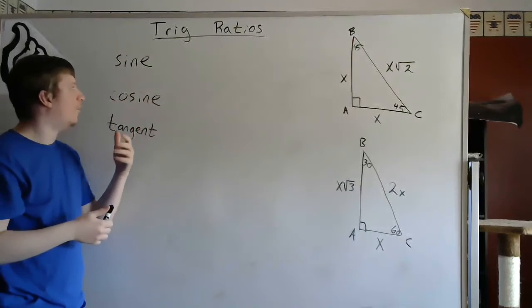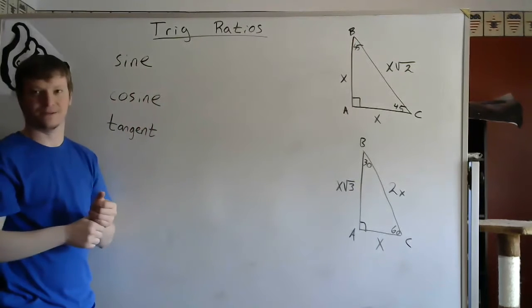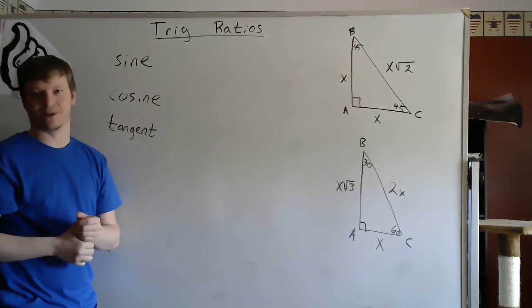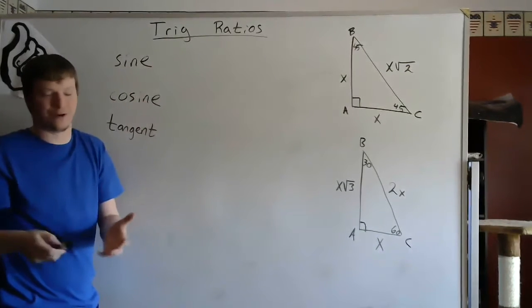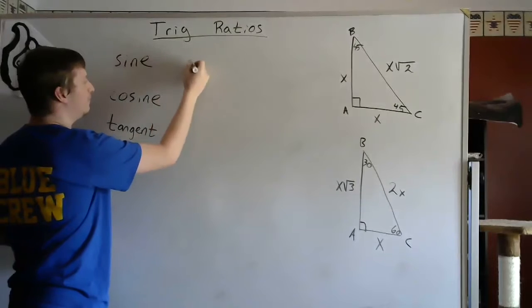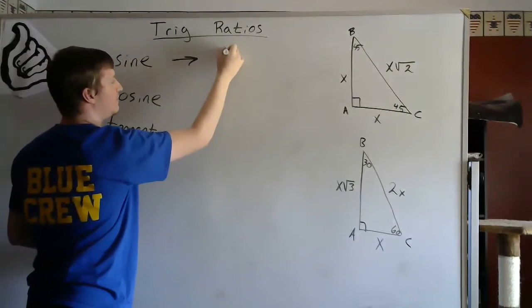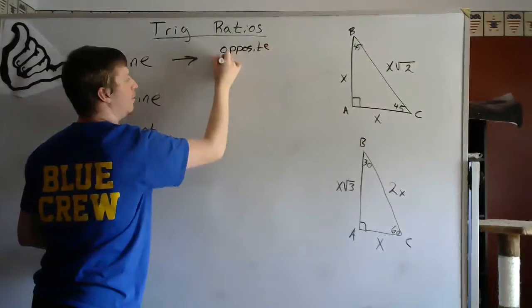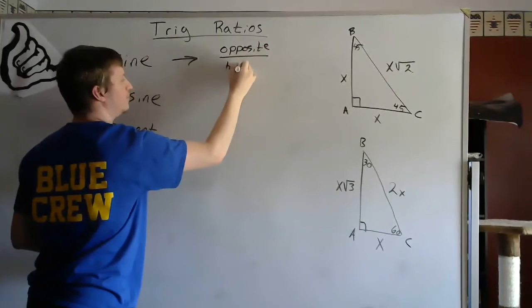So what are they? Well, the most useful way to describe them here is basically what their trig ratios actually are. For sine of a given angle, we have opposite over hypotenuse.